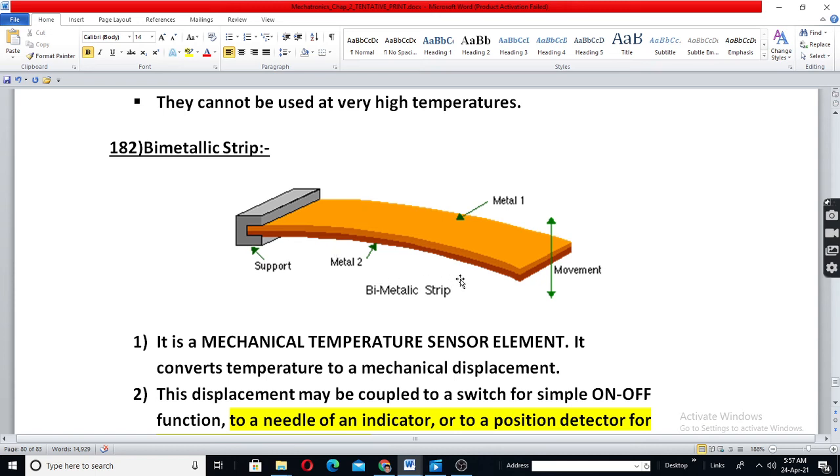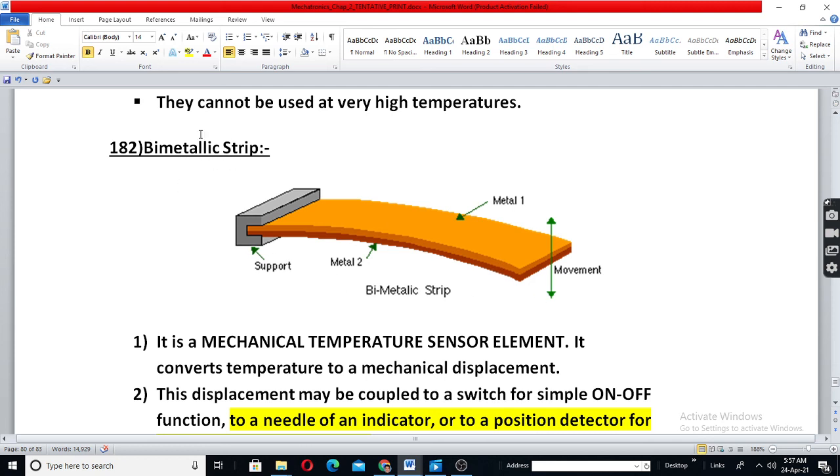Hence, it will have lateral movement. Normally, it would have only axial movement if temperature is increased, but the thermostat will have lateral movement. This movement can be used for temperature measurement as well as controlling. The more the movement, the more the temperature.